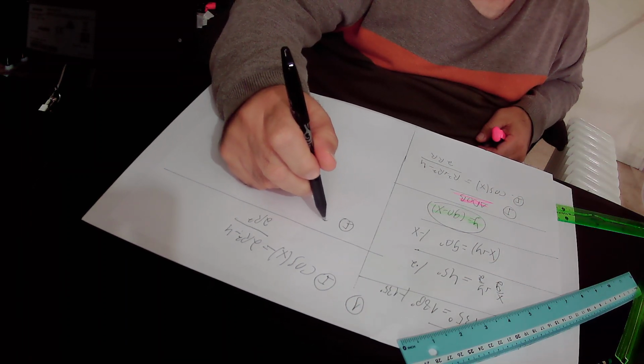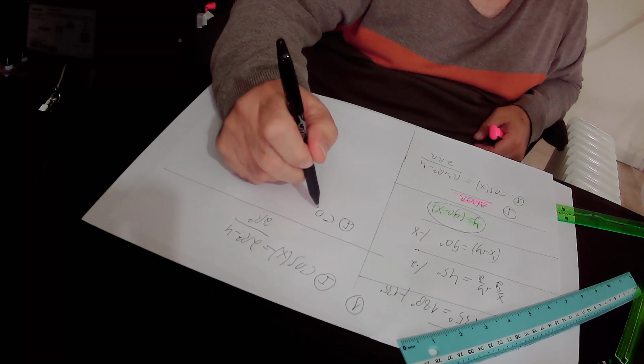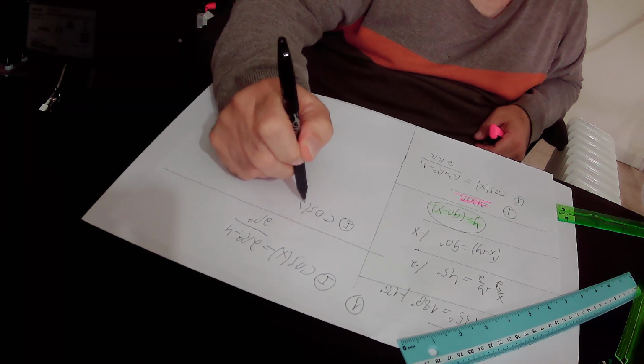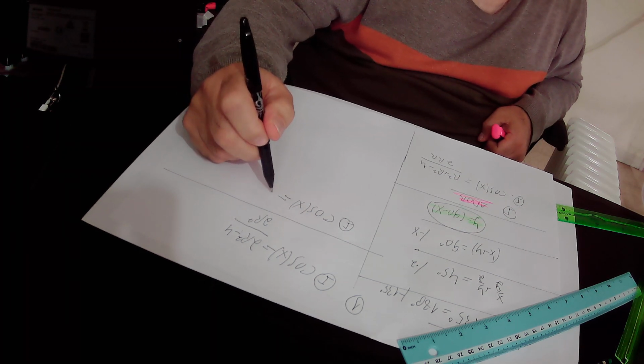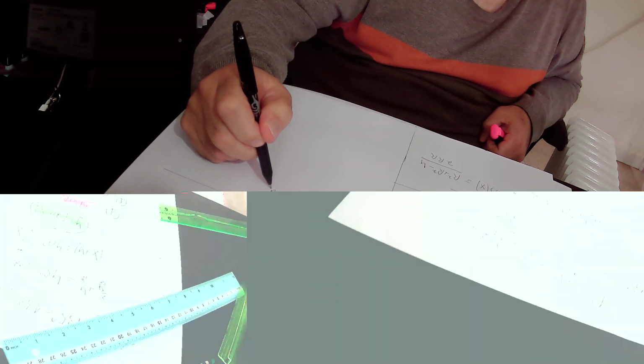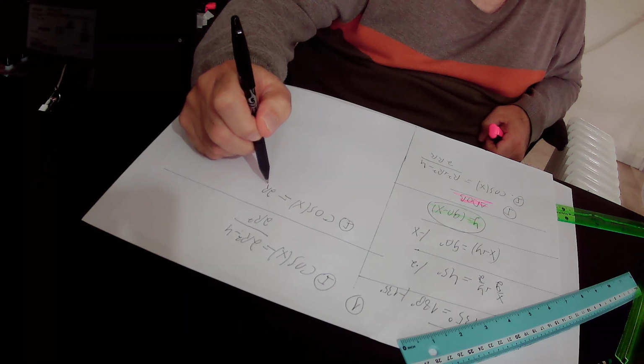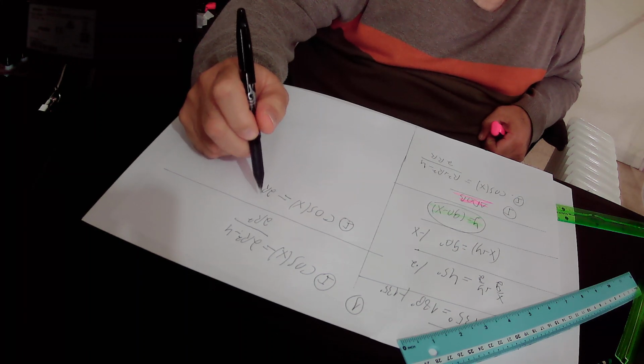So cosine x equals 2r squared minus 4 over 2r squared.